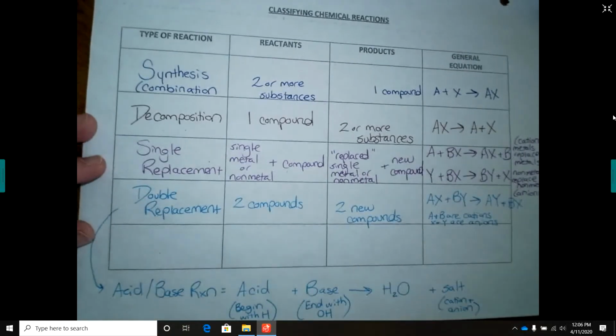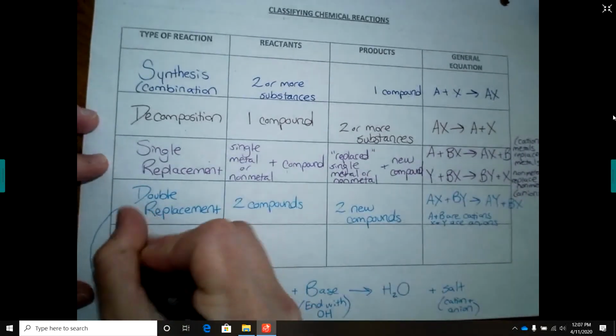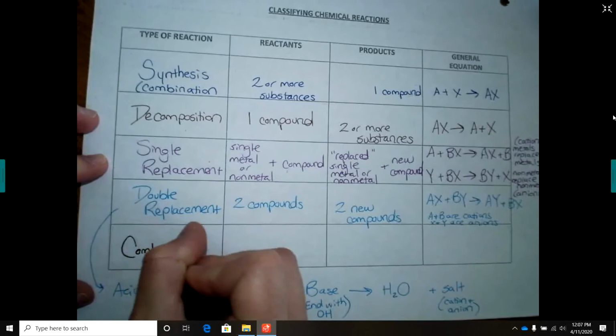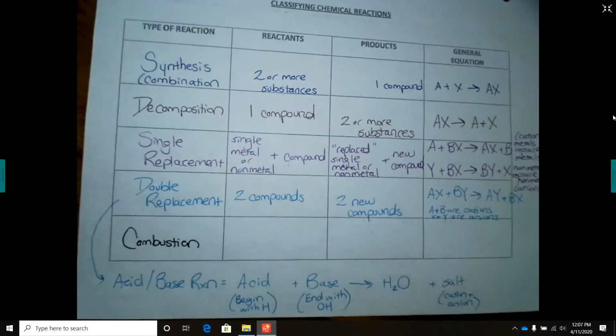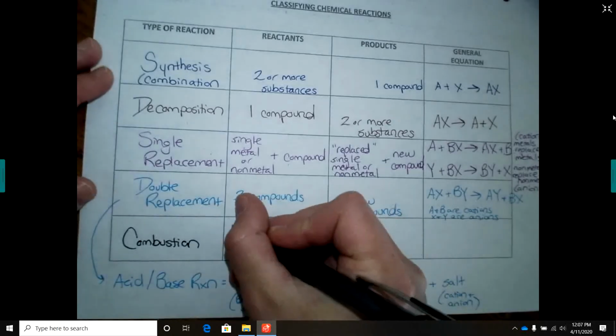All right, our last reaction is combustion. Now, combustion reactions you're probably familiar with. Anytime you burn something, anytime you drive a car, anytime you heat your home. Basically, burning fossil fuels to get energy is an example of a combustion reaction. So you start with a hydrocarbon.